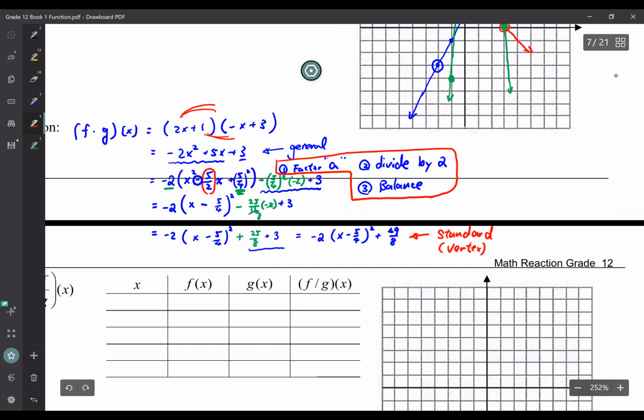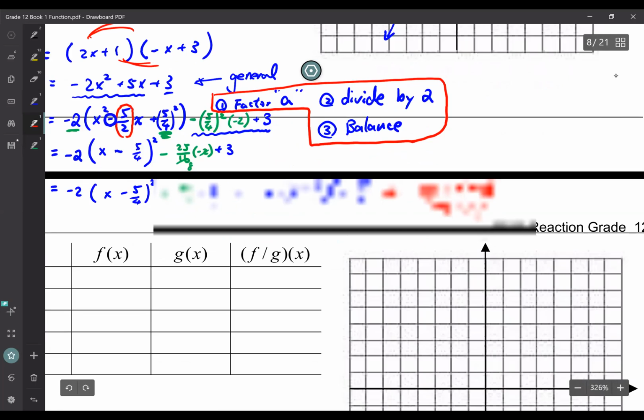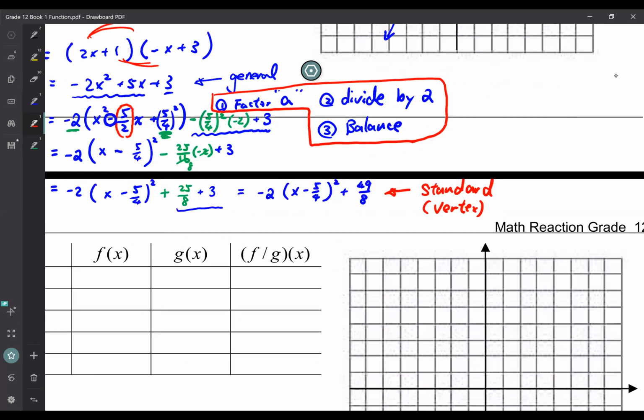So let's take a look at this form now. Okay, how do we tell the vertex, William? Sorry, what? How do we tell the vertex by looking at this form? Ah, yes, vertex is one of the numbers, I'm pretty sure. Which numbers?